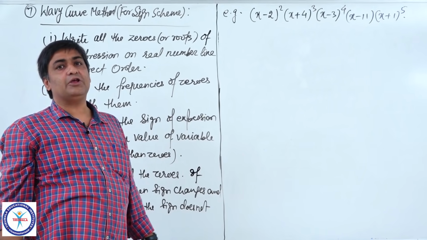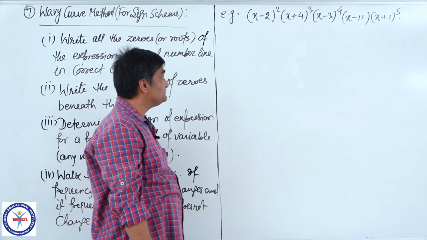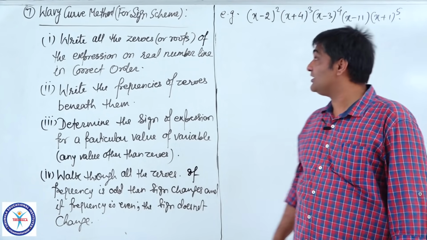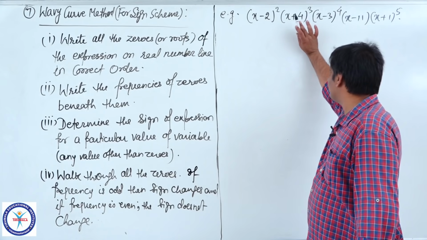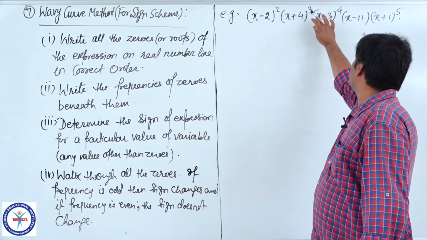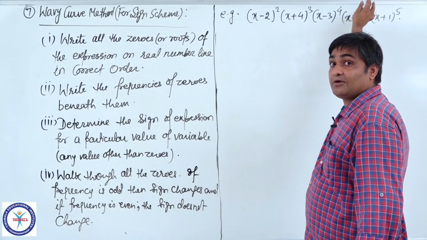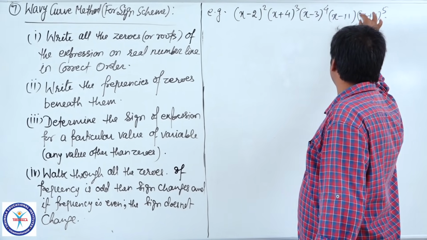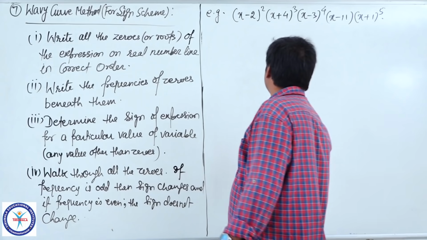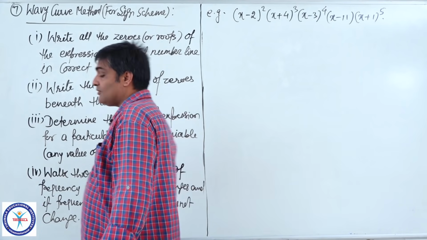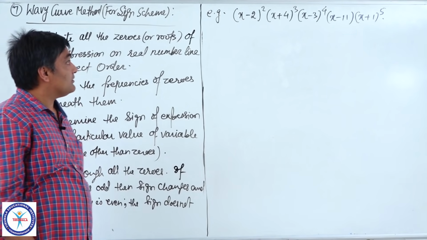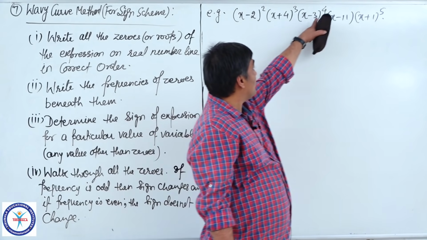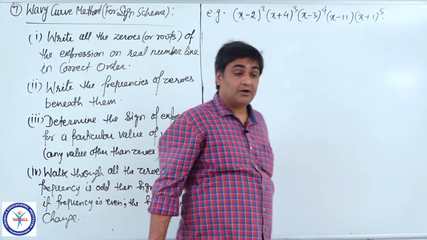Now, what is the degree of this expression? Can you tell? The degree of this expression is 2 plus 3 plus 4 plus 1 plus 5, which is 15. Degree is 15. 2 plus 3, 5, 4, 9, 10, 15.